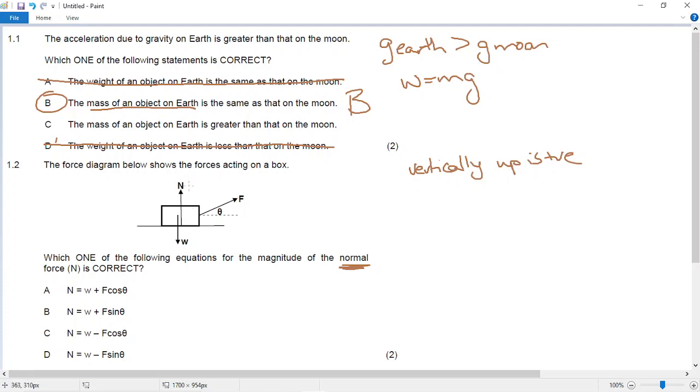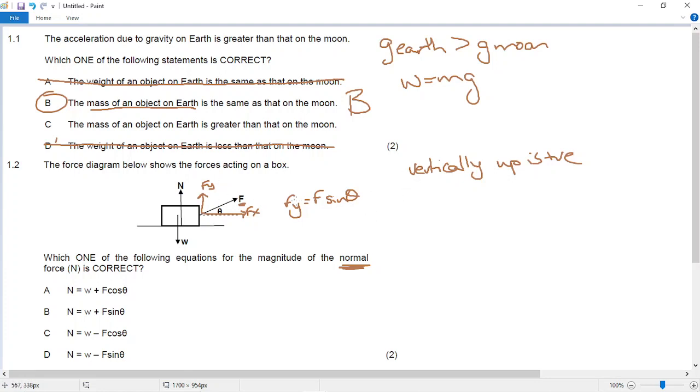The normal. What forces do we have down? The weight. And now we've got this force F which is being applied at an angle, and that means F is made up of a vertical component Fy and a horizontal component Fx. And from trig we know that Fy is F sine theta.